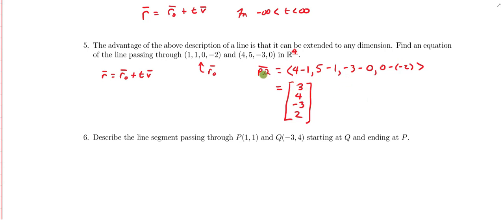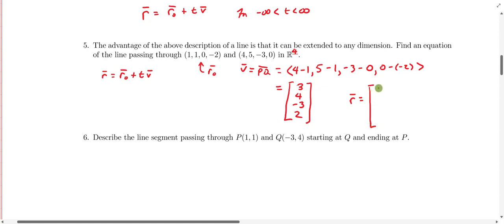And so now we're done because I've got my direction vector, which is that vector that takes me from this point to this point. So that's going to be my direction vector v there. And I'm ready to give the equation of this line in R4. So we'd say that r is equal to, there's my initial position vector, 1, 1, 0, negative 2.